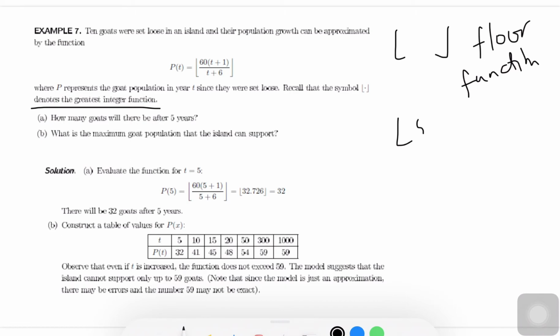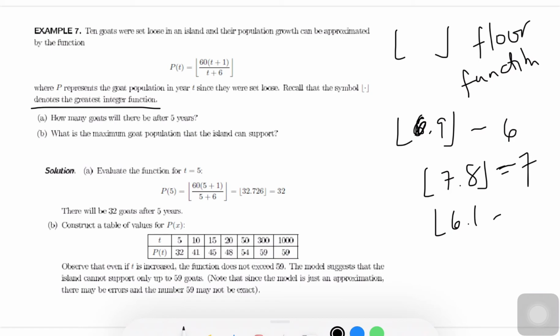Say for example 6.9, we always round down to 6. 7.8, 7. 6.1, 6. Always round down. That is the floor function, so round down.